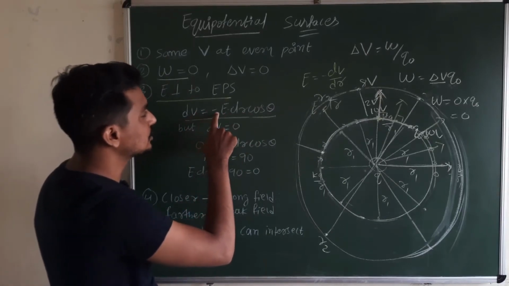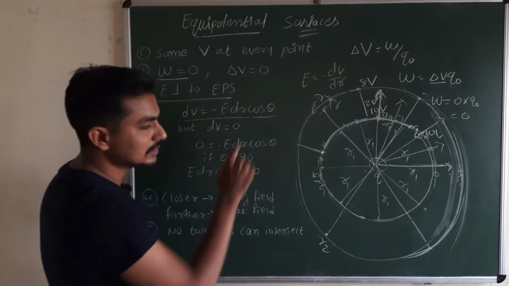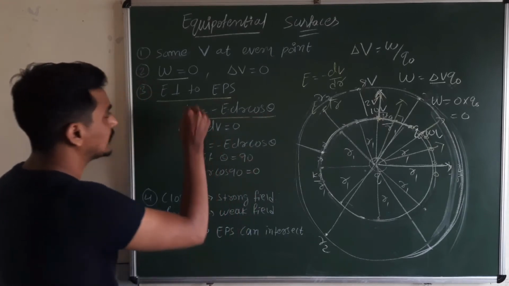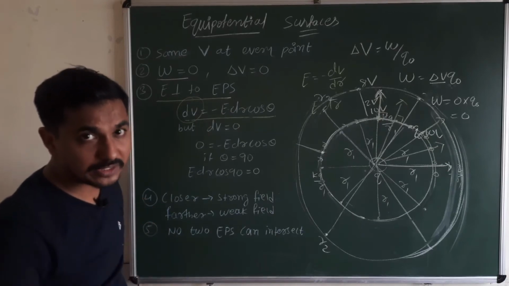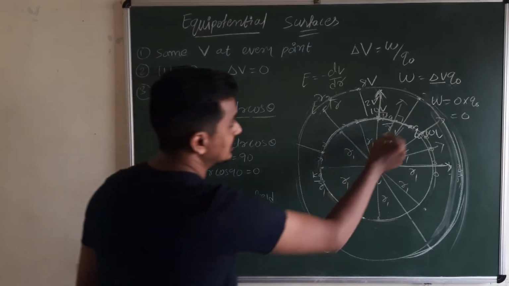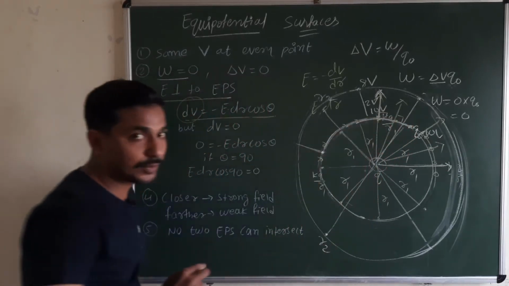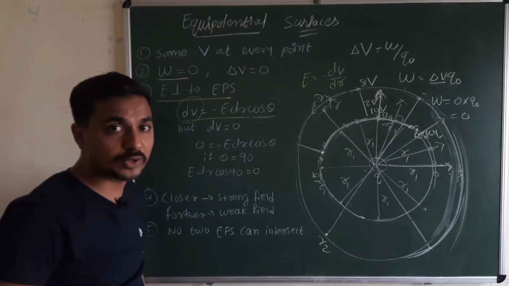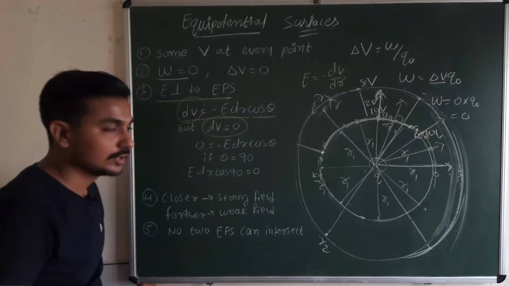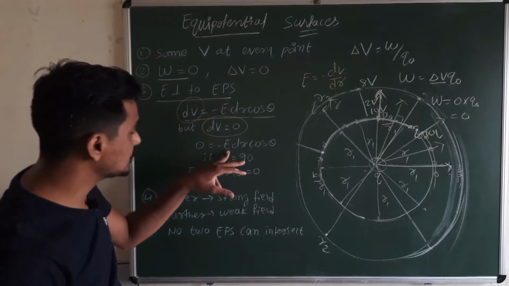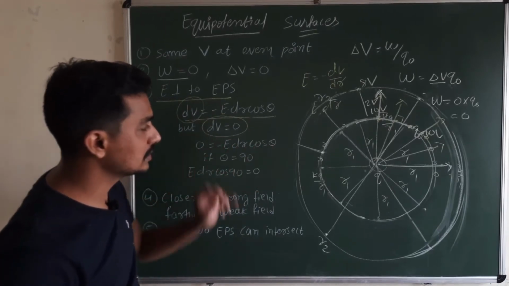So dV is equal to minus E dr cos theta. But dV means a very small potential difference. As this is an equipotential surface, the potential difference between any two points is 0. That is, dV is equal to 0. So we can write 0 is equal to E dr cos theta.